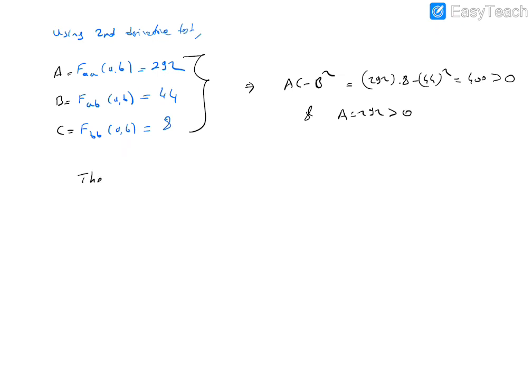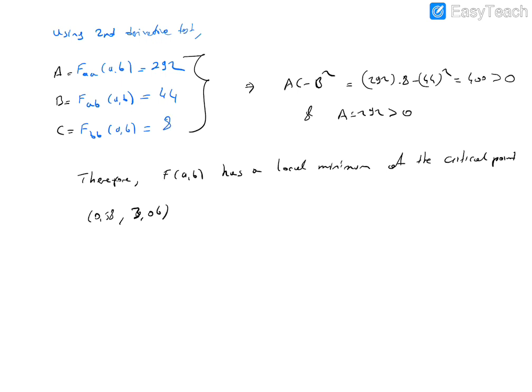So therefore, according to the theorem in your textbook, f of AB has a local minimum at the critical point 0.58, 3.06.